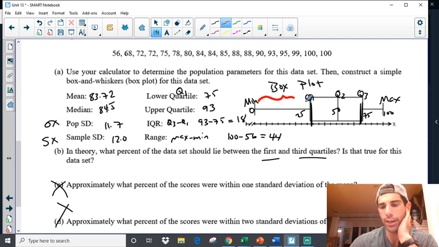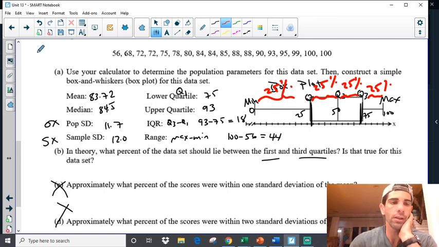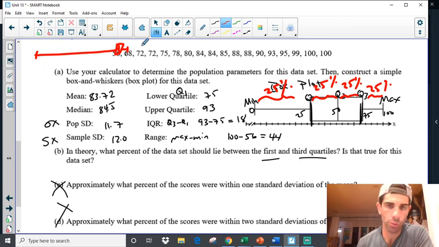Basically, each section in a box plot represents 25%, doesn't matter how big or small it looks. You can have a silly one that looks like this, but each section represents 25%, no matter what it looks like. So between the first and the third quartile, that's these two, so that's going to be 50%.